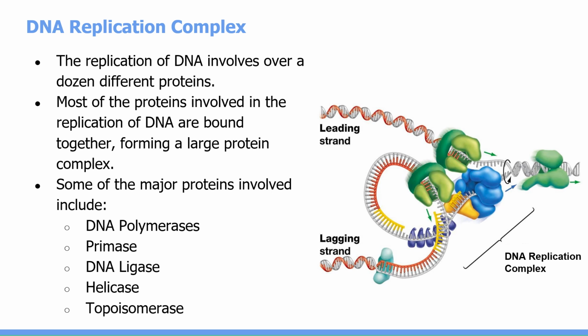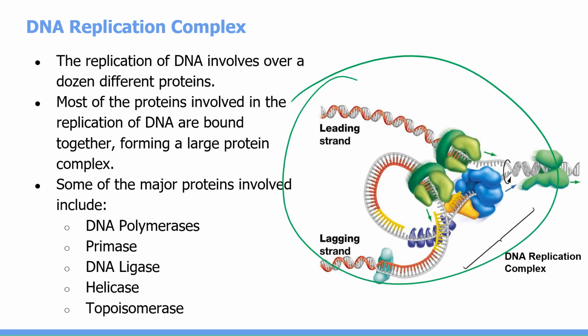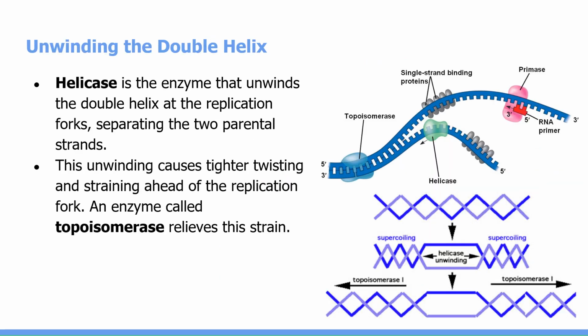The process of replication involves dozens of different proteins. Most of the proteins involved in replication are bound together, forming a large protein complex as seen over here. Again, the major enzymes you will need to know are these 5. We have learned 4 of these before, and now we'll touch upon topoisomerase. At the replication fork, we have helicase.